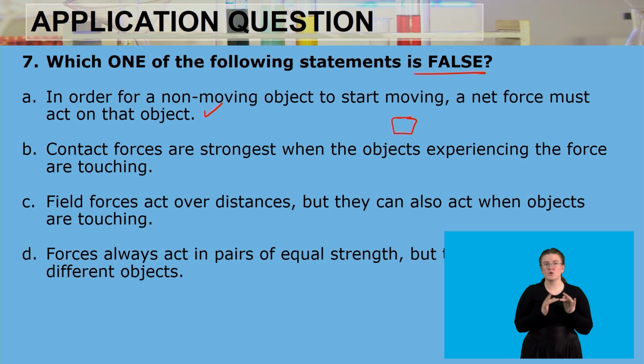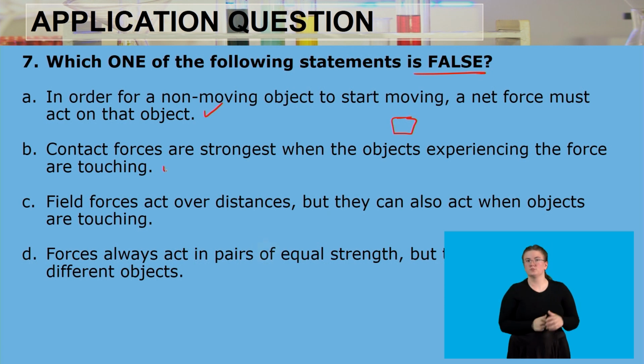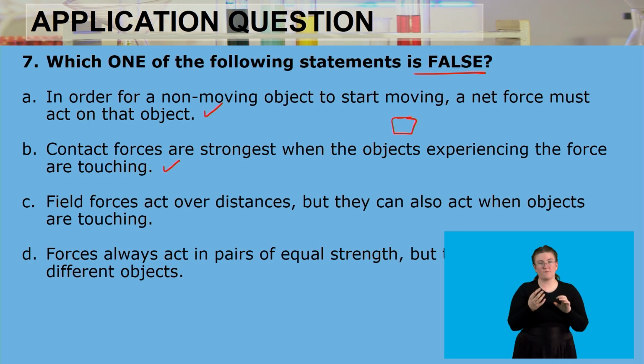Contact forces are strongest when the objects experiencing the force are touching. Remember, contact forces are between 2 objects that are in contact, touching each other. So this statement is also true. Field forces act over a distance, but they can also act when objects are touching. And the last one says, forces always act in pairs of equal strength, but these pairs act on different objects.